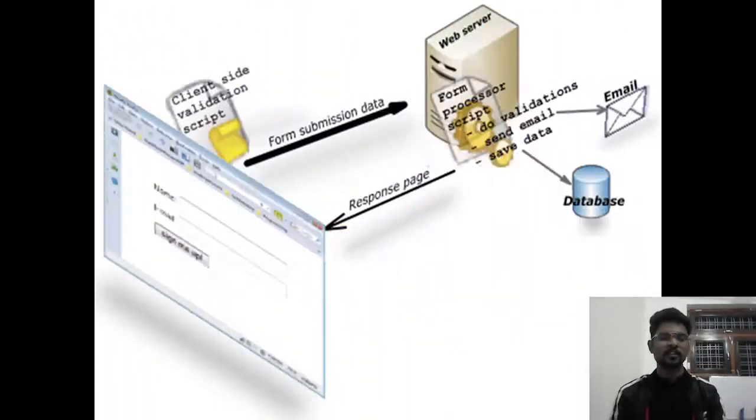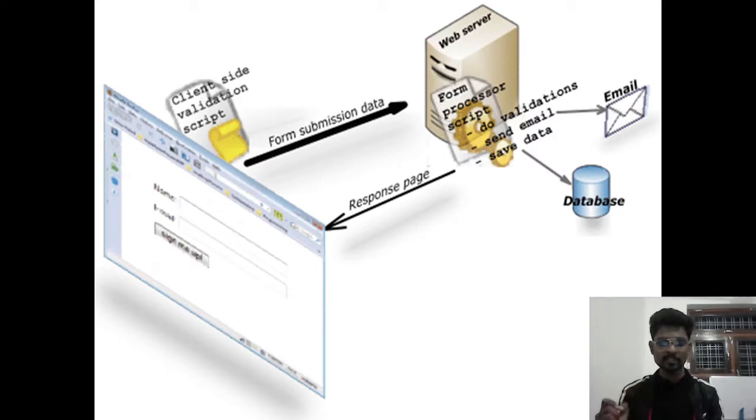Say you visit a website like a Google Form and you want to submit your data. You fill the form and click on the submit button, and after clicking you get a response page.